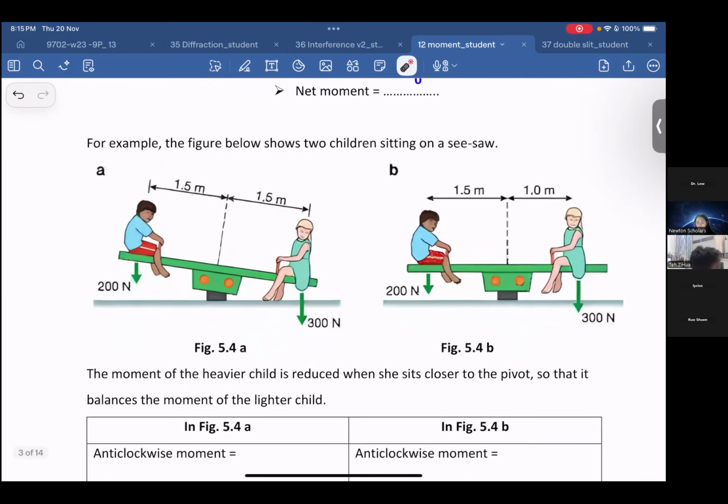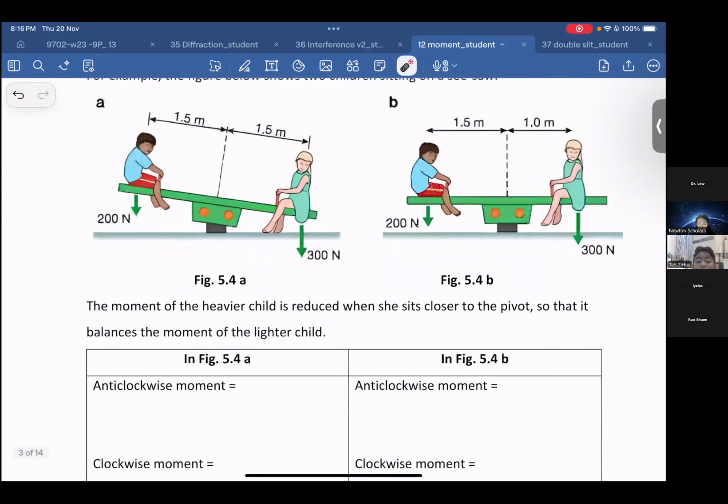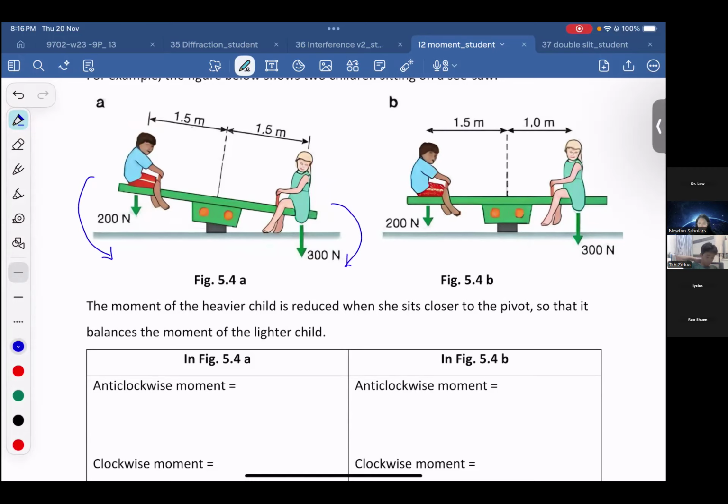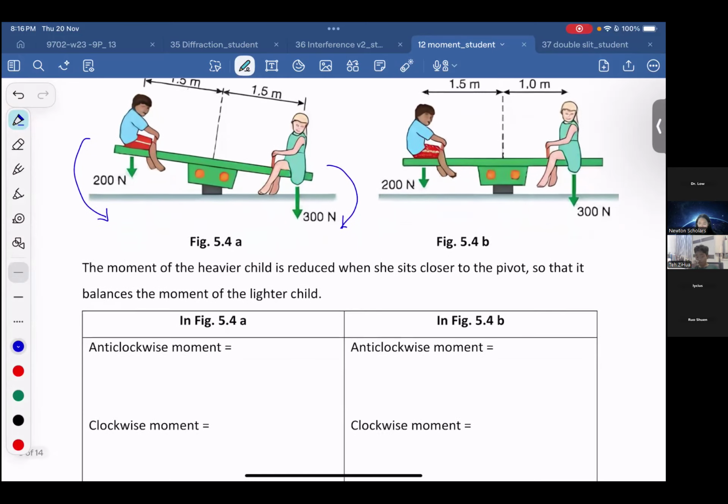First diagram. Anti-clockwise moment: the child here will turn anti-clockwise. Do you agree with me? He turns anti-clockwise, so the girl is turning clockwise. I want you to count the anti-clockwise moment.